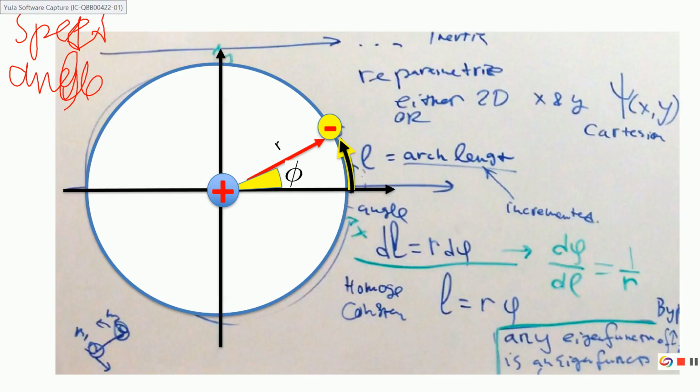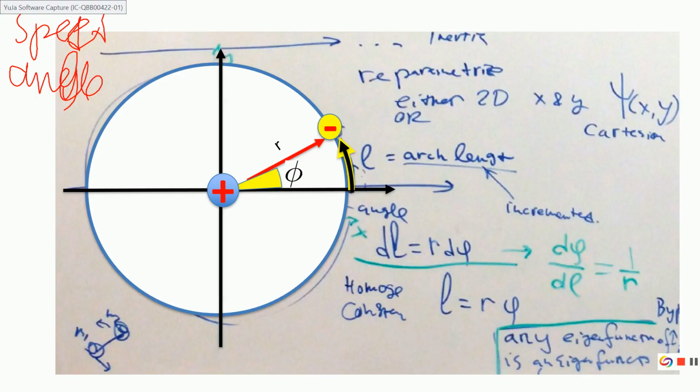So r times sine phi. But if we take the Taylor expansion of sine, and you all were taking some calculus 1, 2, the Taylor expansion of sine is x minus x cubed over 3 and so on.